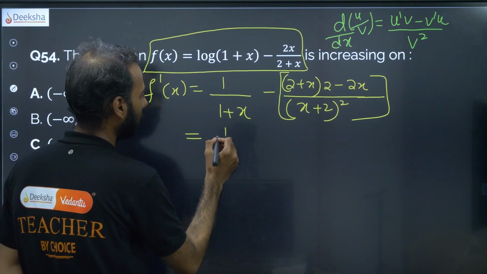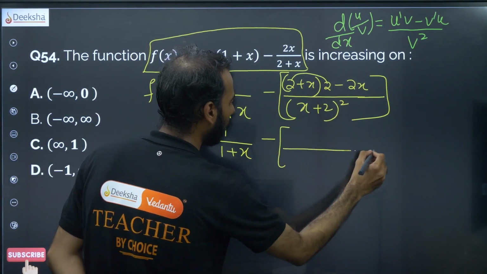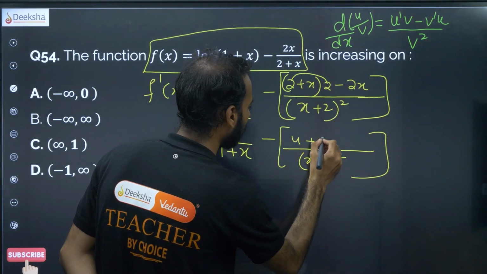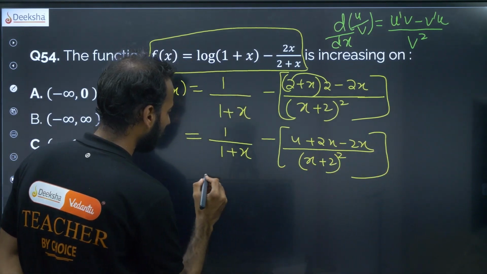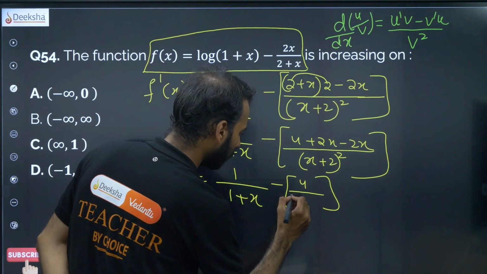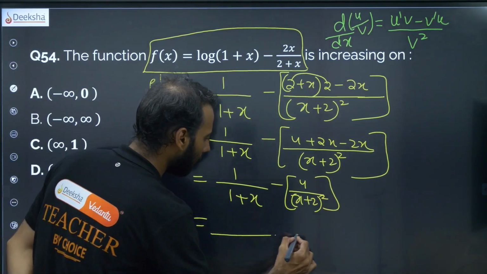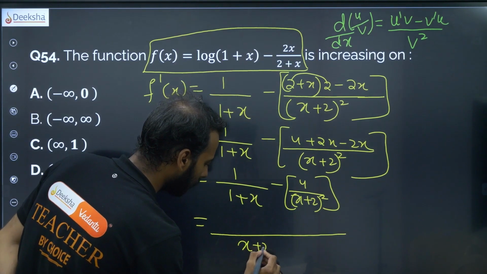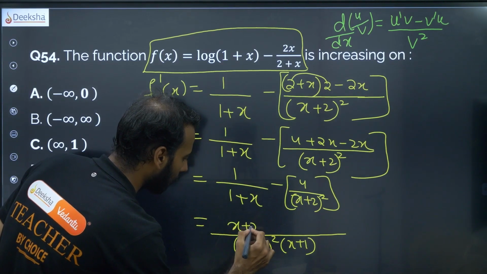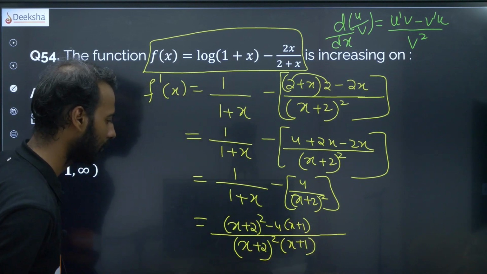Now, if I simplify this, taking the LCM, what you will get is square x plus 1 minus 2 square minus 4 x plus 1.